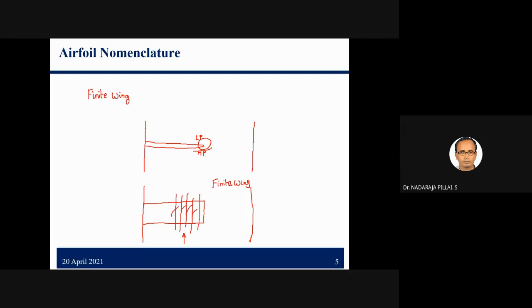Assume that this is an end plate and you have a wing and you are keeping a winglet, you know winglet, right? If you keep a winglet, the properties here again change. So this becomes a finite wing.